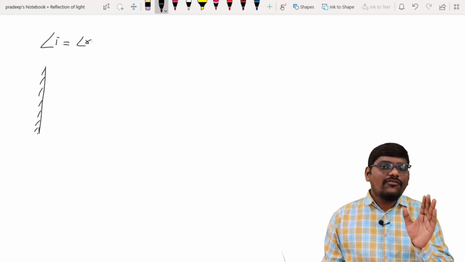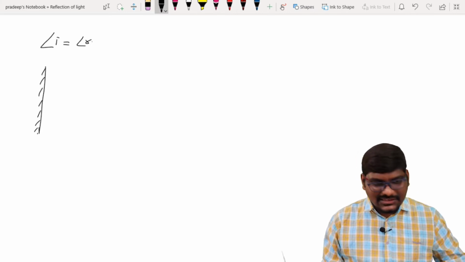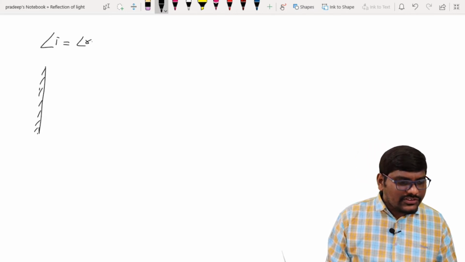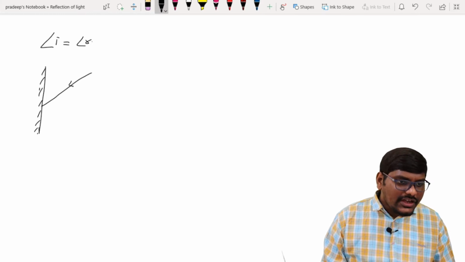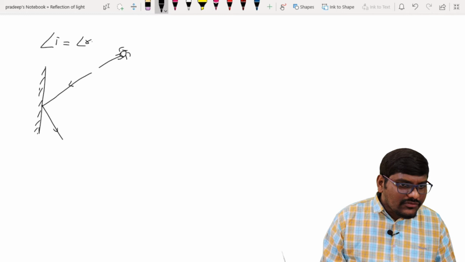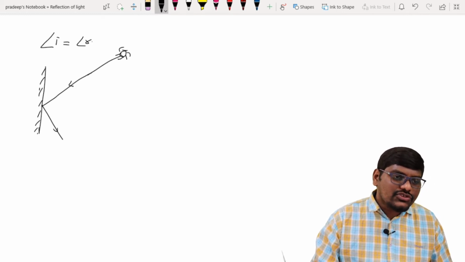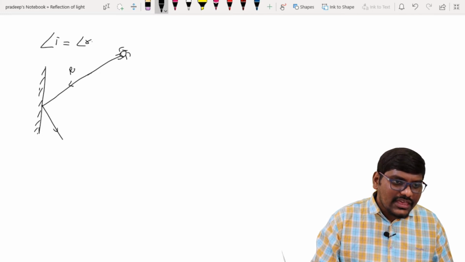We are just taking one beam of ray and observing its characteristics. Suppose this is a plane mirror, and a ray is coming like this, touching the plane mirror here and going away. This light ray, which is coming from the light source, is what we will call the incident ray.